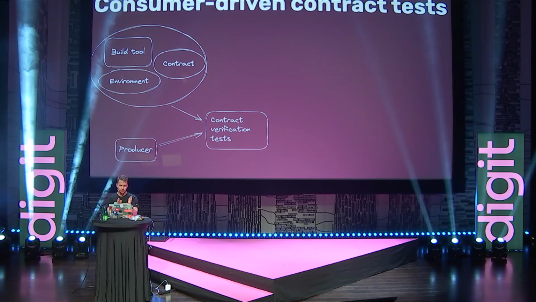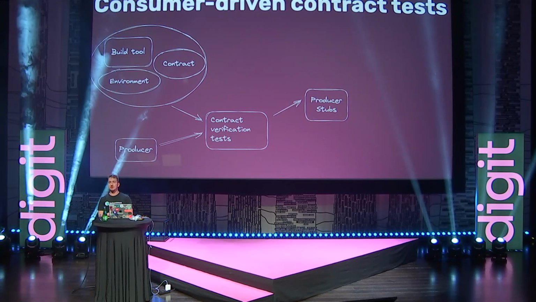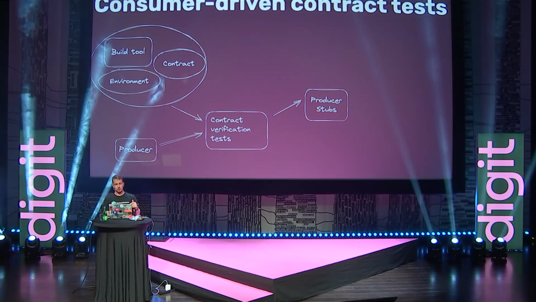We're going to see how it looks a little bit in the code, but you take those things and you run contract tests. And then it gives you the signal whether it's OK or not, but if it's OK, it generates the stubs of the producer automatically.